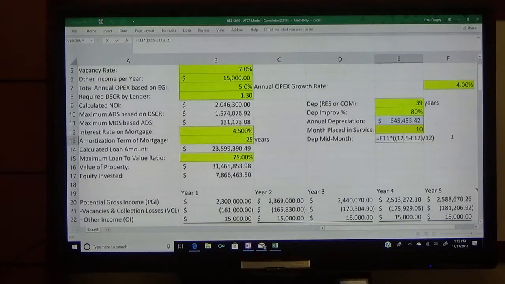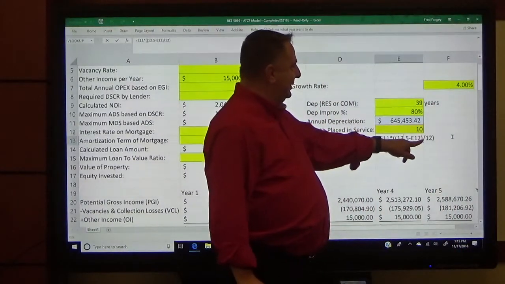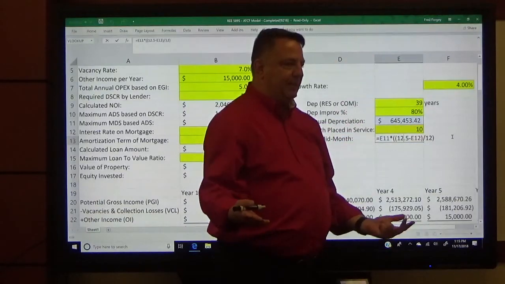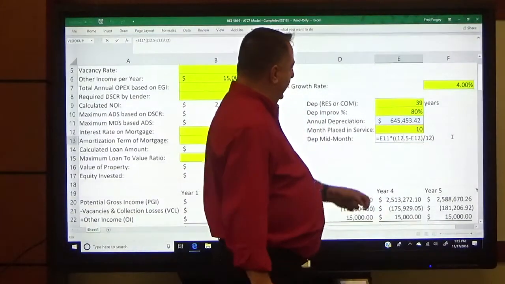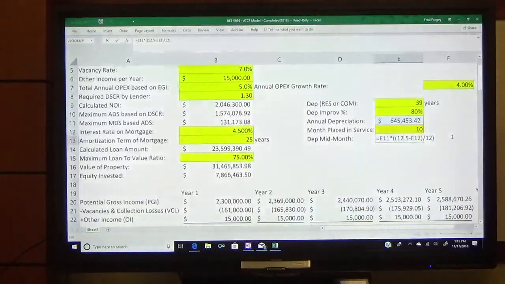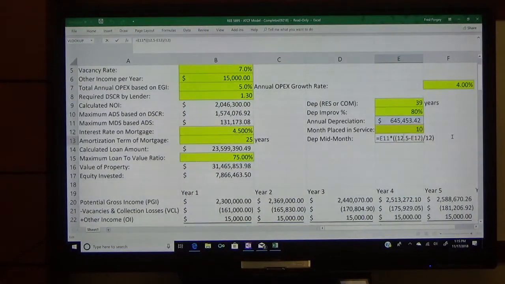Okay, so then after you've done that, we divide that by 12 to get the percentage of the year that we actually get the depreciation. So 2.5 divided by 12 is the percent that you're actually going to be able to take. 2.5 divided by 12 is 0.2083333.